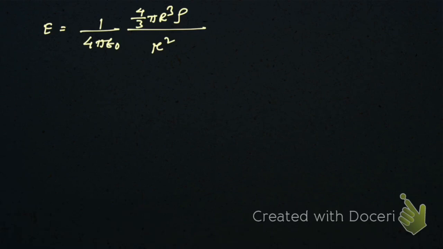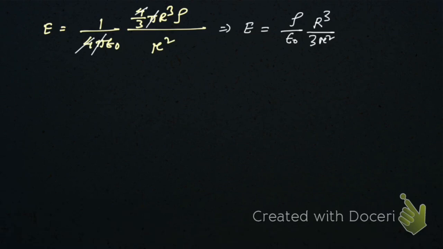If you simplify this, you can see clearly the 4 cancels, and pi is also gone, so we get E is equal to rho by epsilon naught, capital R cube by 3 r square. That is what we will get.